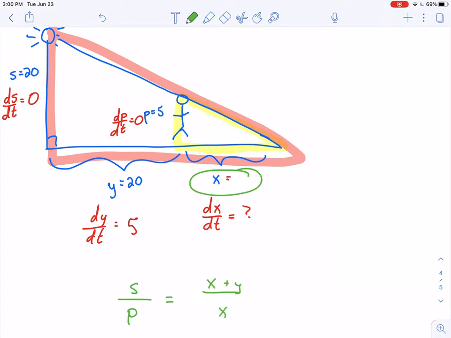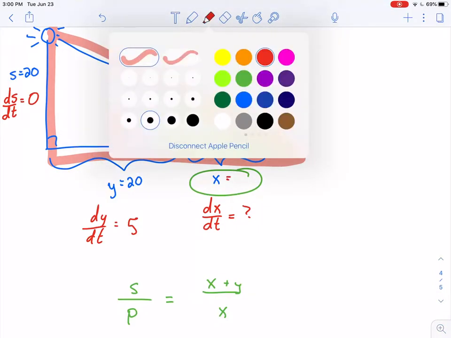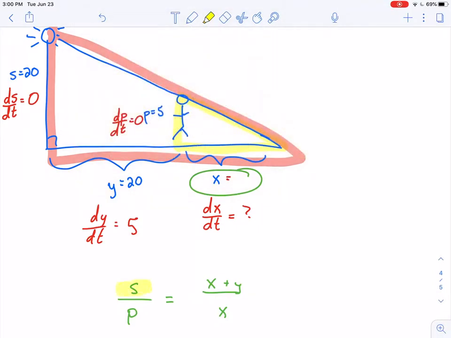Let me restate where this equation is coming from. This s is the vertical side of my larger triangle, and I am creating a ratio between the vertical side of the big triangle and the vertical side of the small triangle, p, is equal to, okay, now I have another ratio over here.